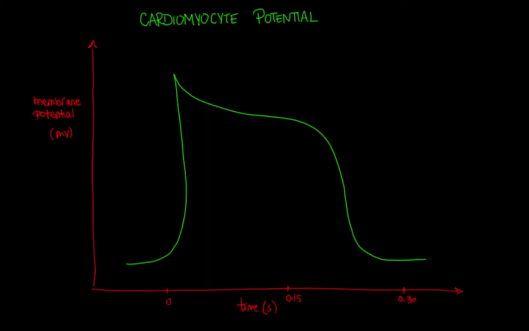Next up, let's examine the electrical activity of the cardiomyocytes. Cardiomyocytes are the cardiac muscle cells, and these are the cells that are excited by the SA node.